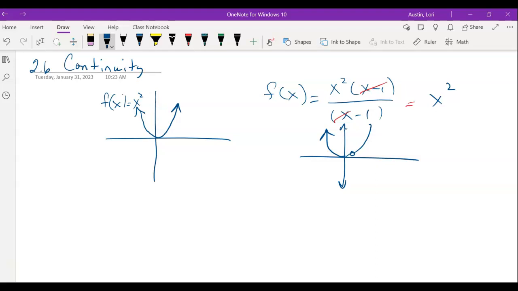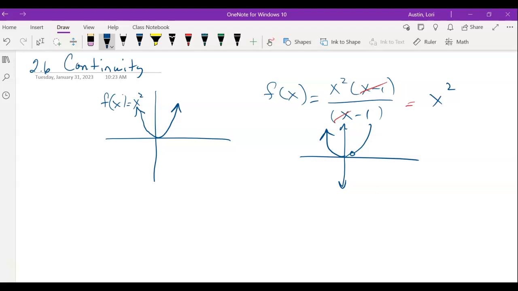Absolutely. The limit exists because the right-hand side and the left-hand side are going to the same place. Remember, we talked about this first class. Don't forget it. We're prepping for a test next week. The limit exists at 1, but you don't have a value at 1. You have a hole. So these are the things you want to remember as you're going through everything.